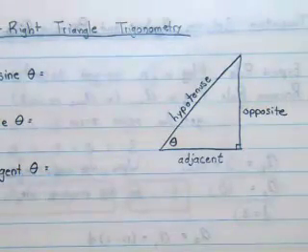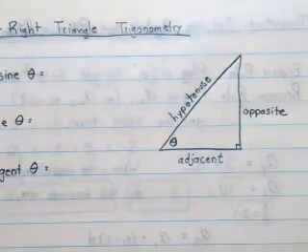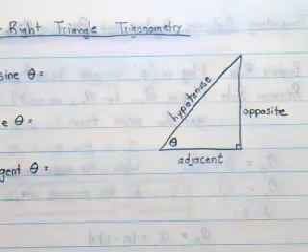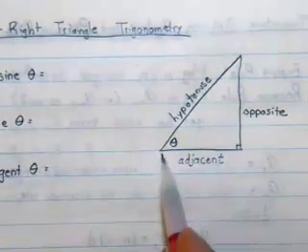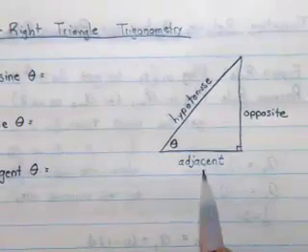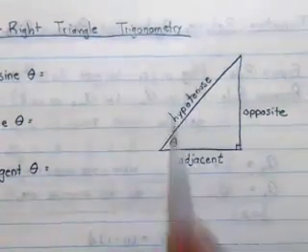And each one of those is equal to a fraction or a ratio. Usually these get called the trigonometric ratios. So they're the ratios that get used in trigonometry. So cosine of the angle is the adjacent side divided by the hypotenuse.